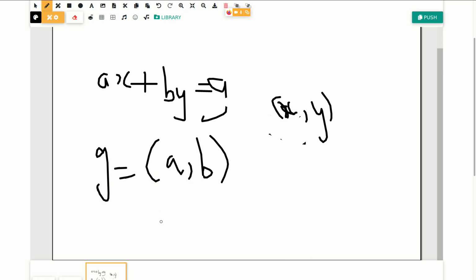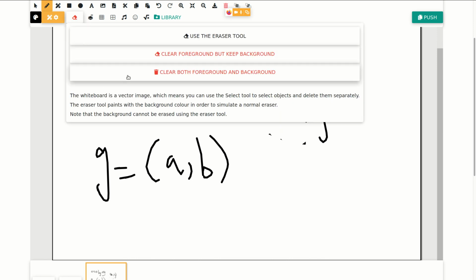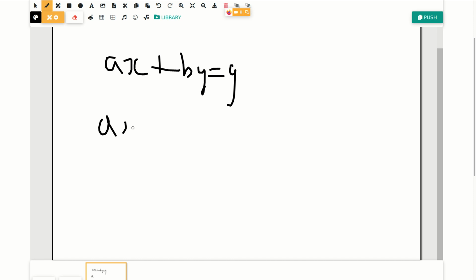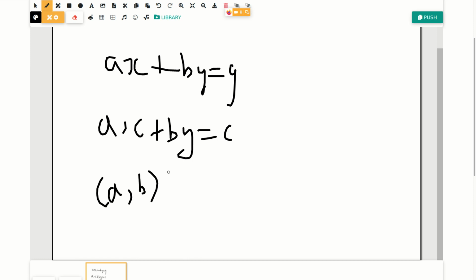Now, how does this algorithm work? It's very similar to the actual GCD algorithm. Before we get into the algorithm, I hope you know that for any equation which looks like this, where g is the GCD of a comma b, this would always have integral solutions. In general, for any equation ax plus by equal to c, where a, b and c are all integers, this would have integral solutions if the GCD of a comma b divides c.